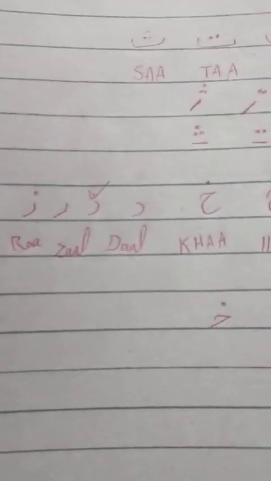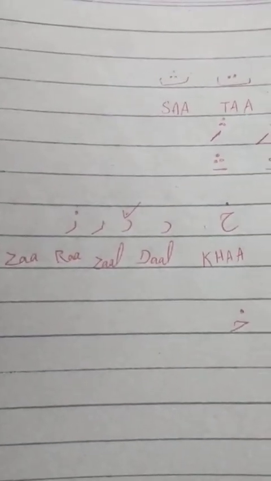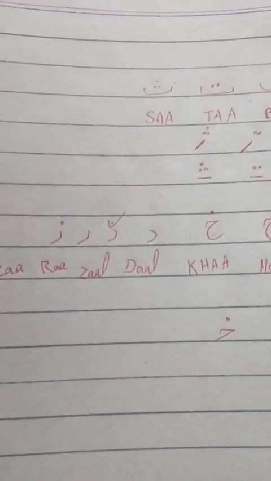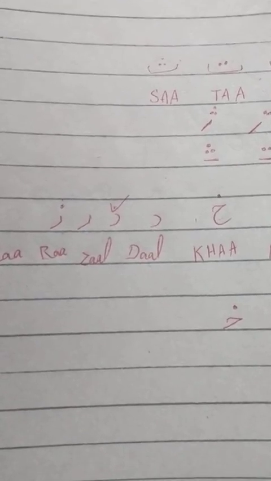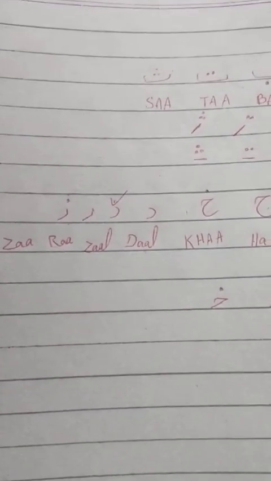Next one, Za. So Za comes out from the tip of the tongue and the inner edges of both front upper teeth.